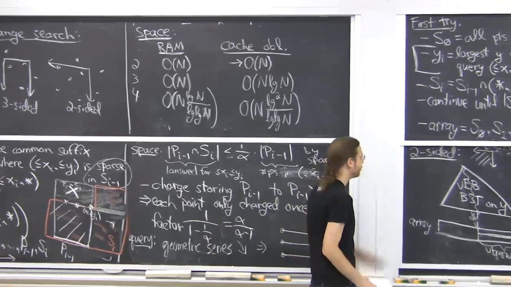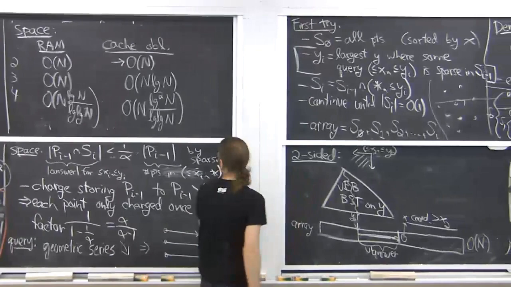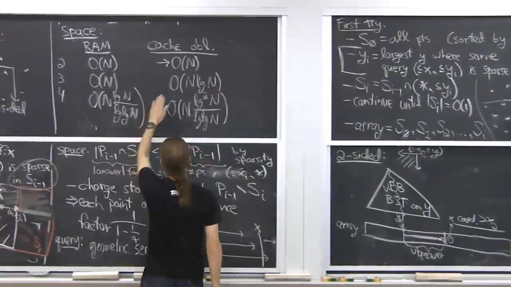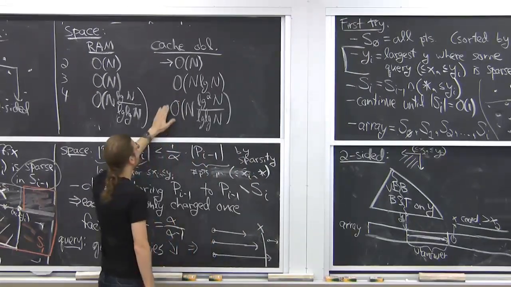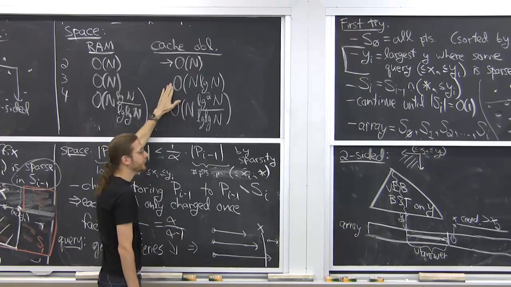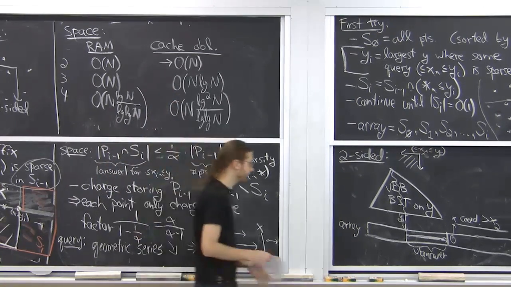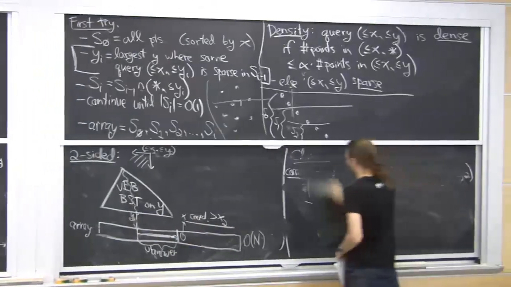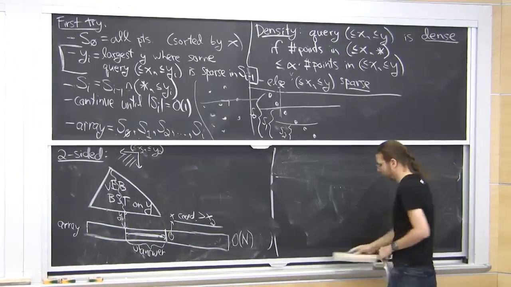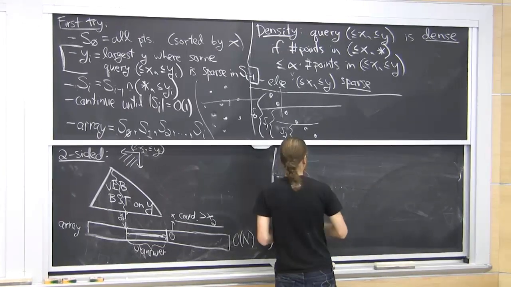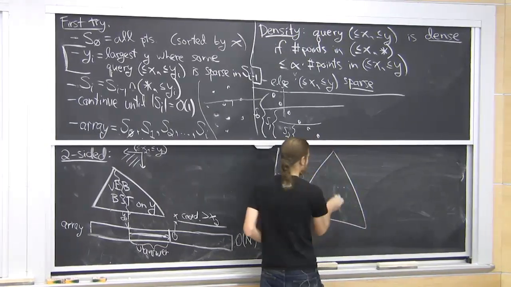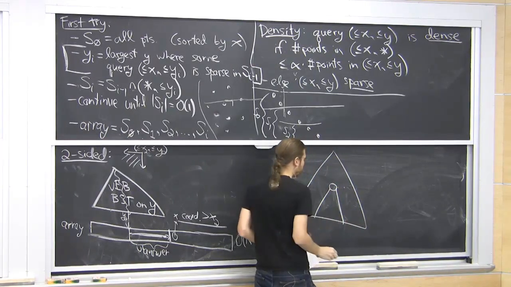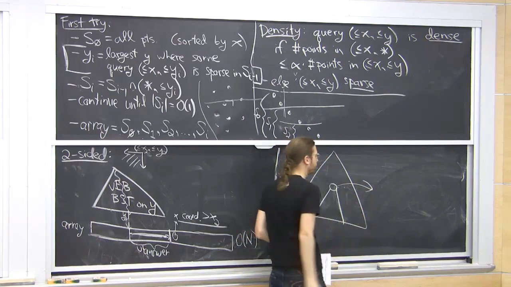So this was two-sided. Let me briefly tell you how to solve three-sided and four-sided. We basically already did this one, I'll remind you what it looks like. You have a binary tree, and on each node, you store two augmented structures.